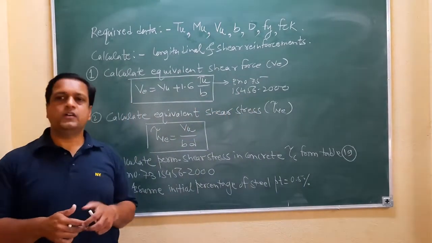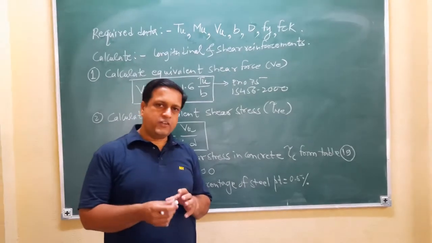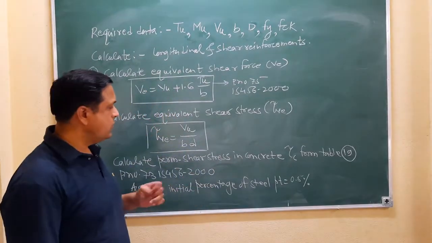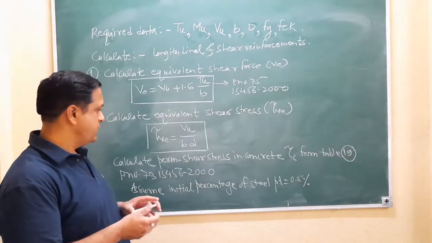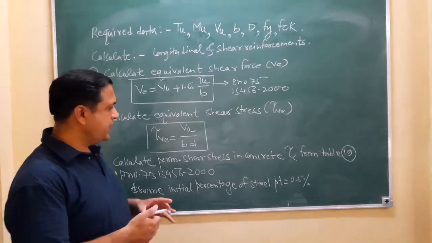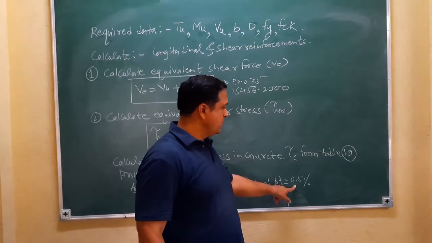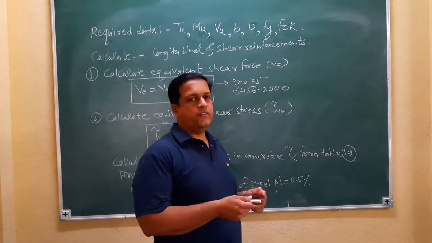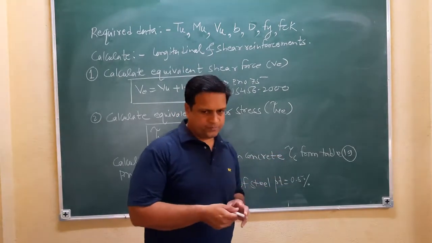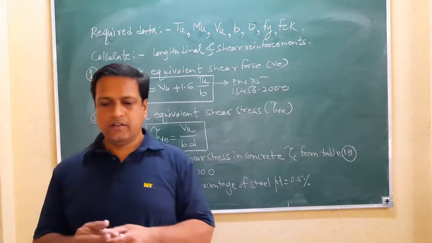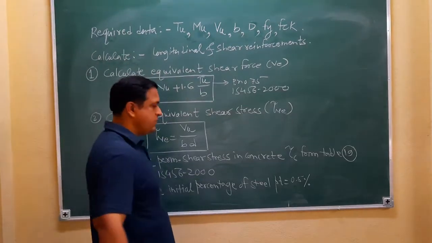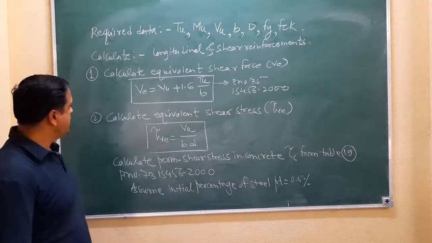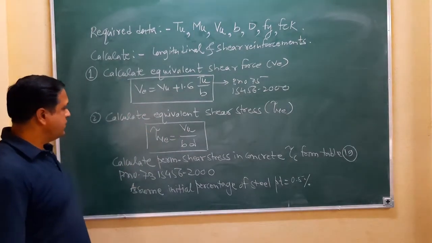Initially, you have to assume the percentage of steel PT is equal to 0.5%. By taking 0.5% steel, find out the value of tau c from table 19 and put that value in your calculation. So this is step number 1.